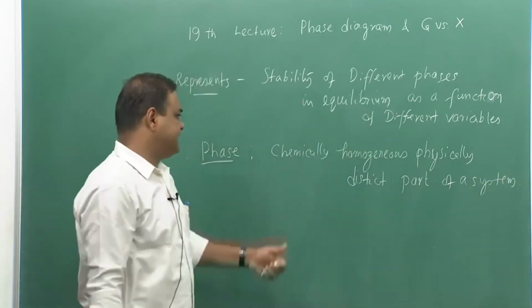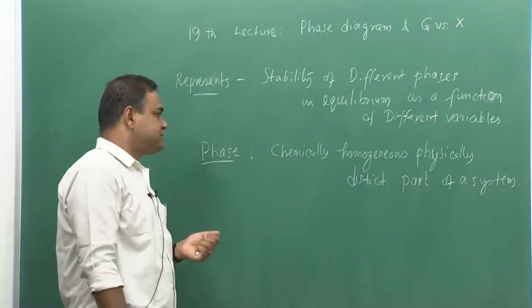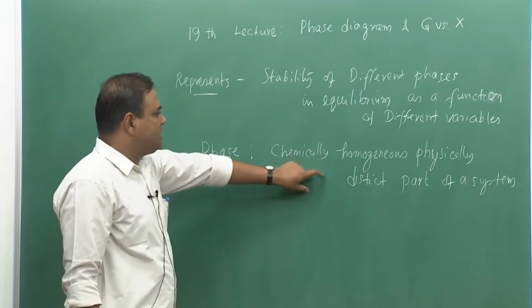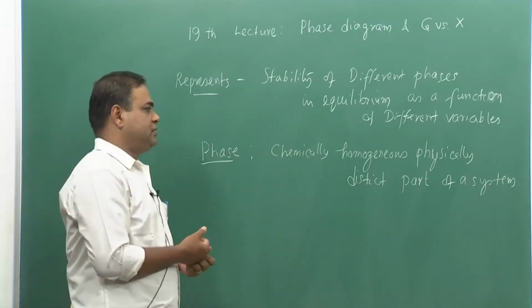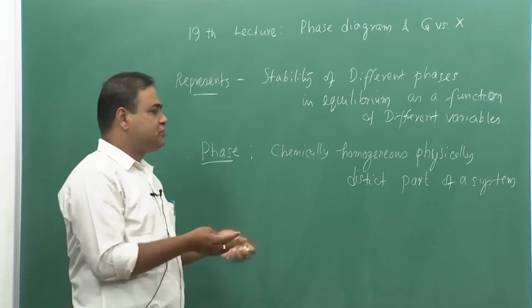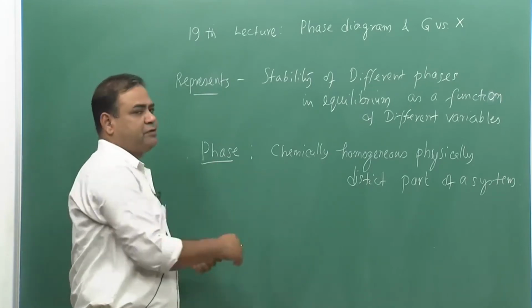And we have already explained this phase in the earlier lectures, and that time this chemically homogeneous physically distinct part of a system will be surrounded by an interface which will separate this particular part from rest of the part of the system.